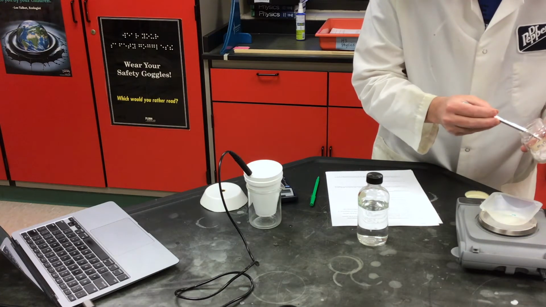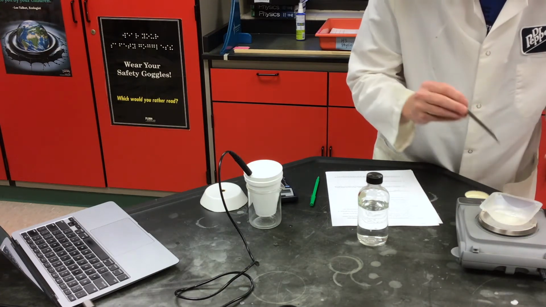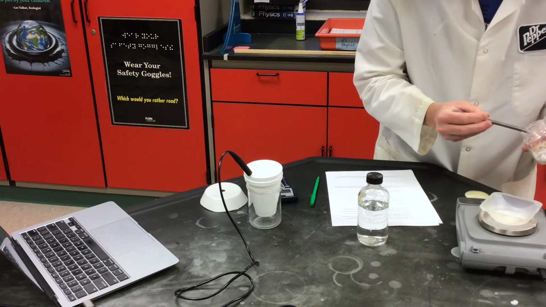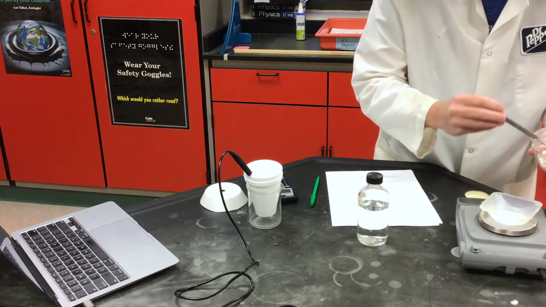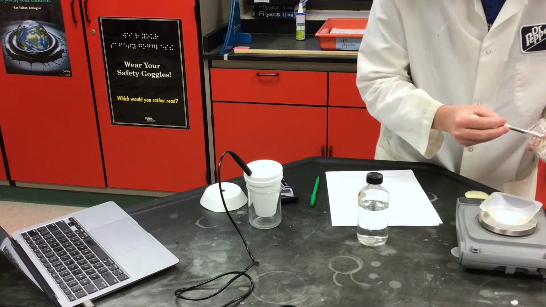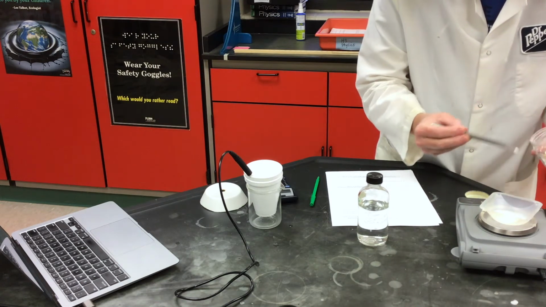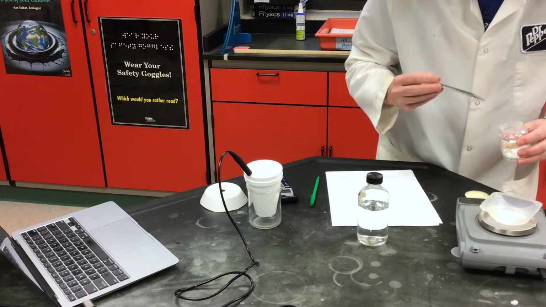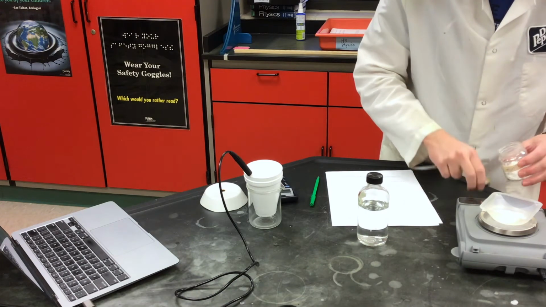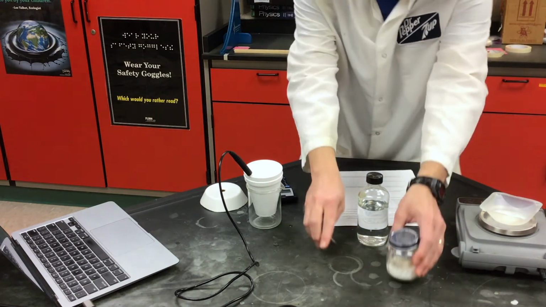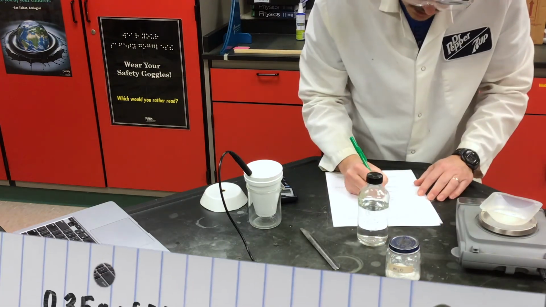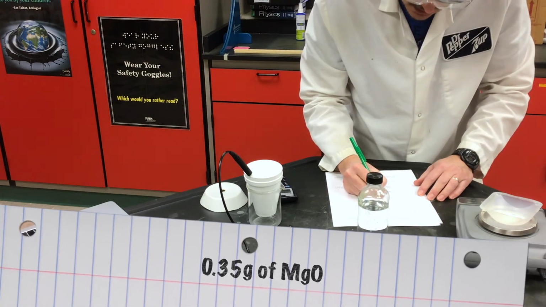And then whatever it turned out to be is what I'm going to write down. So it looks like I'm at about 0.35. So 0.35 grams, that's our mass of magnesium oxide.